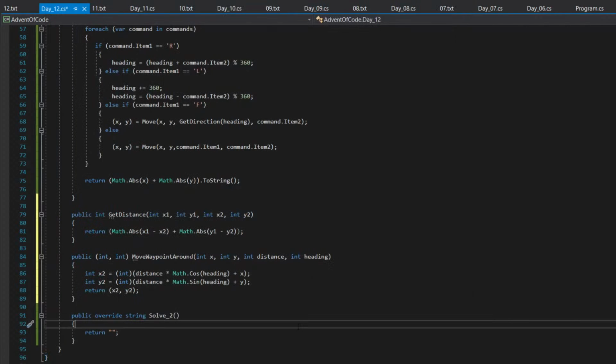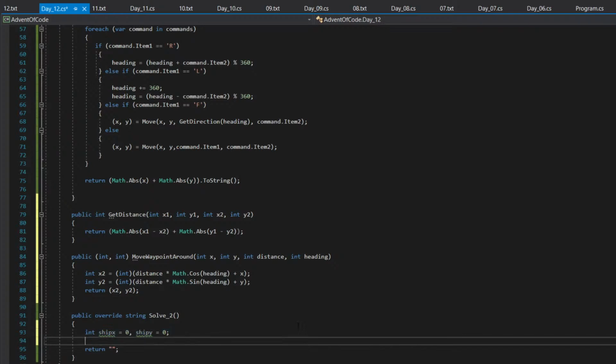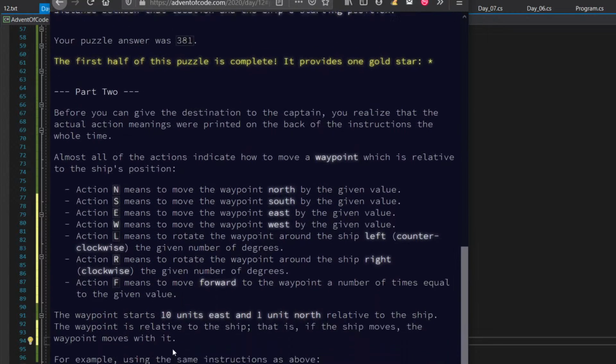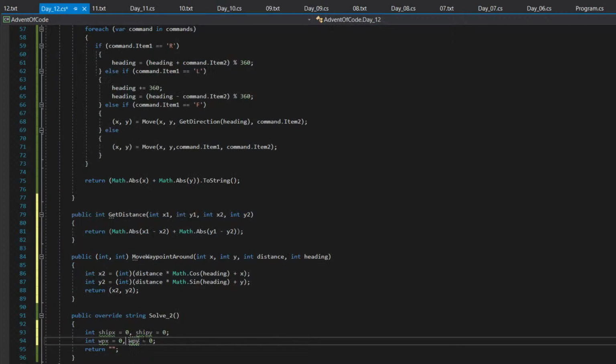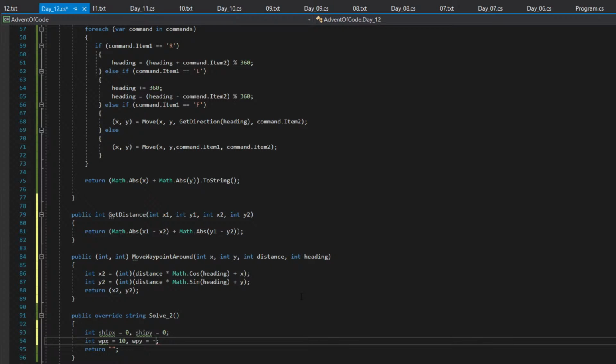Okay. So we're going to start with, let's just call this ship X and ship Y. And waypoint X and waypoint Y, but waypoint X and Y needs to start at 10 units east, so plus 10 to the right, and 1 unit north, so -1.